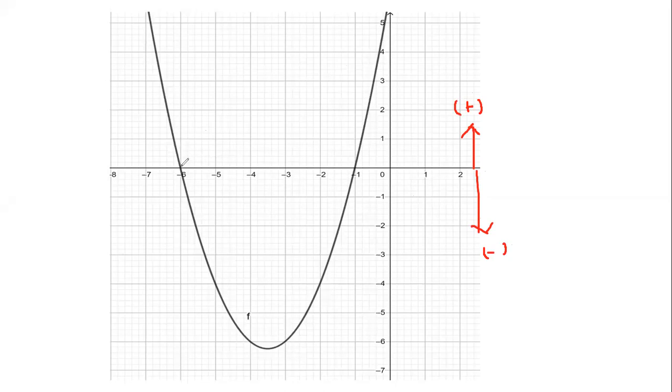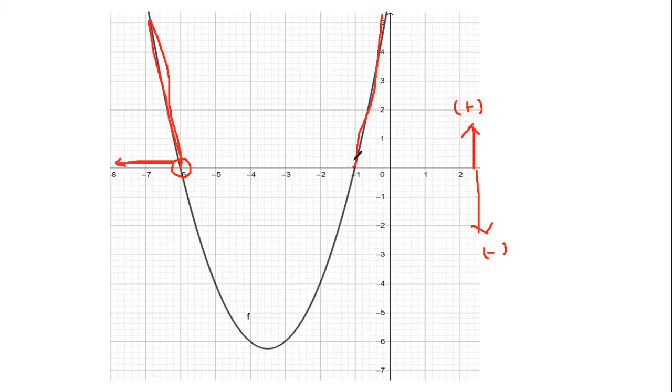This graph part, the function is positive, that means above the x-axis, and also this part of the graph is positive. Now we need the x range. When the graph moves this way, x changes from this point this way, so these are the values we need.